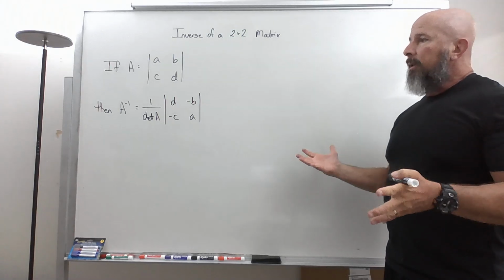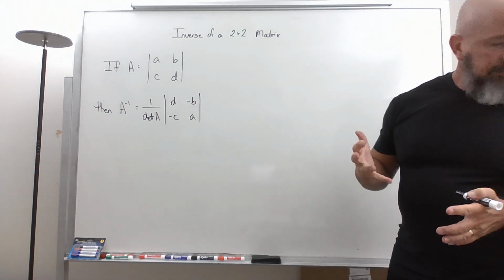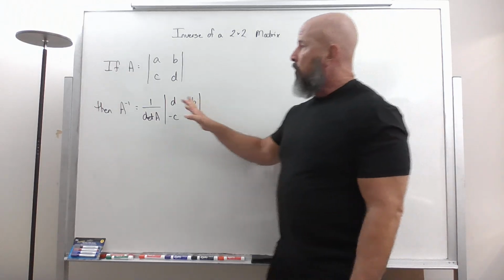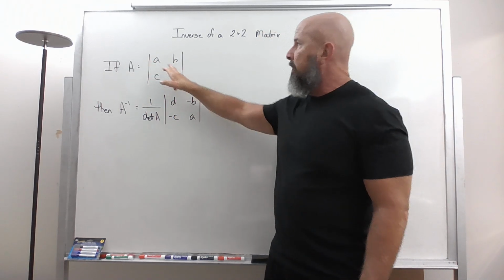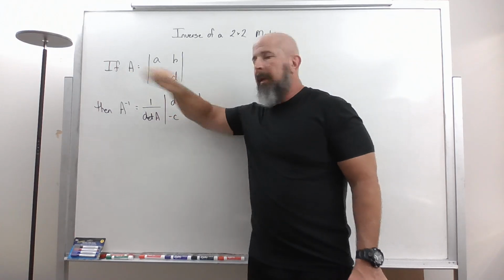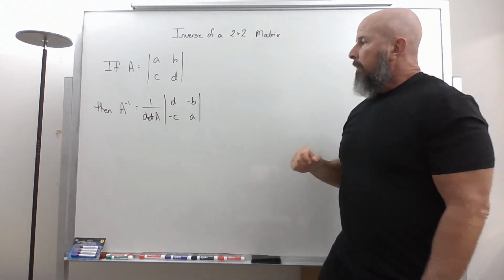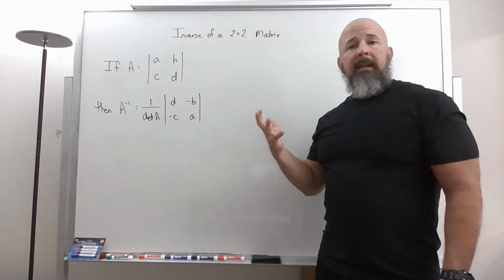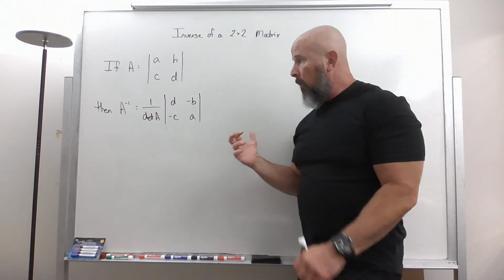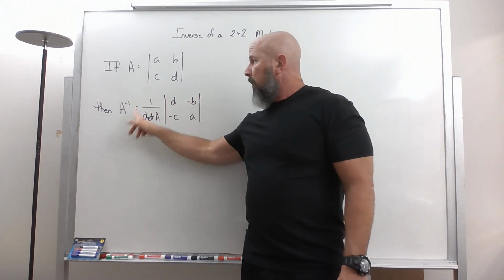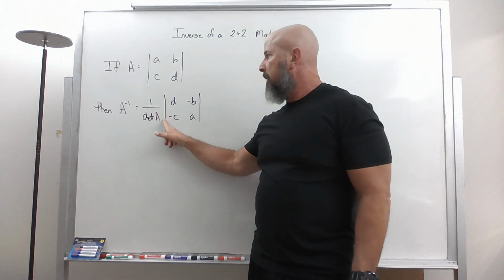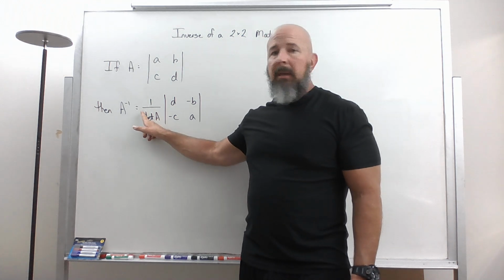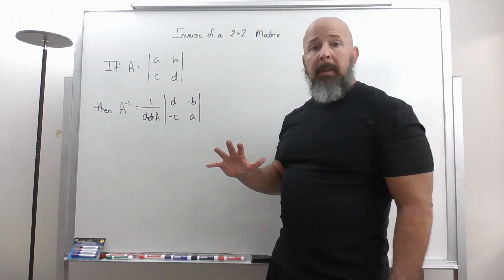We have a formula for the inverse of a 2x2. So 2x2, which means 2 rows, 2 columns. Let's say the matrix is A, B, C, D. I'll just call it matrix A. Then this is a formula I need to make sure that I know. The inverse would be 1 divided by the determinant of A. This is why we started this video with determinants.